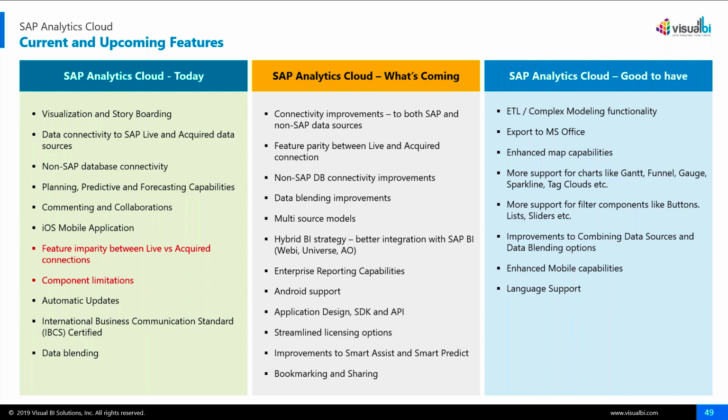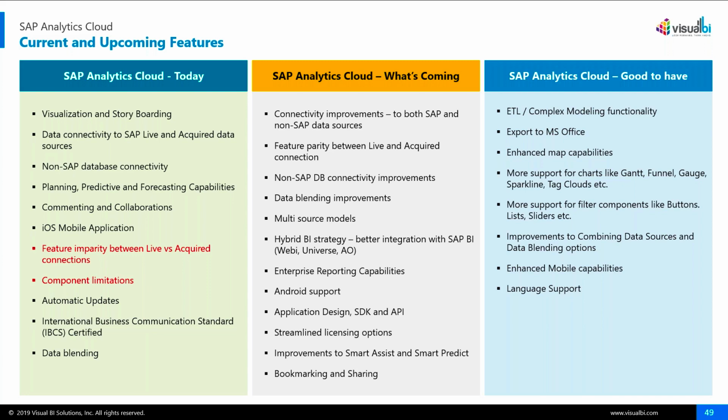And from my perspective, or our perspective, what is good to have? Yeah, we need enhanced mobile capabilities. We need mobile for App Design and a lot more features, because everyone is moving towards cloud. Everyone's moving towards mobile devices, and all analytics is done on mobile devices.